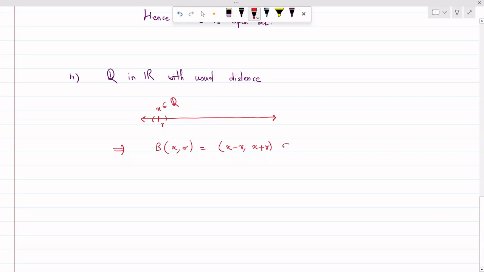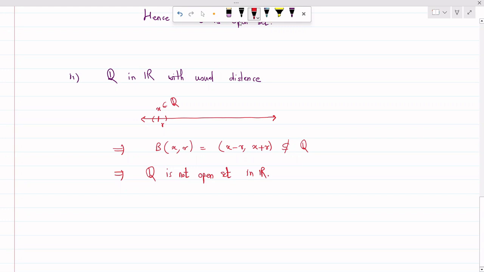This open interval will not be a subset of the rationals, because any open interval around x of any small radius will contain some irrationals. So this shows that Q is not an open set in R, under the usual metric.